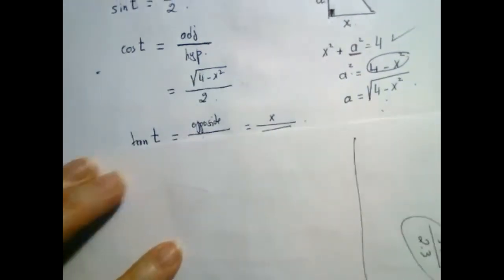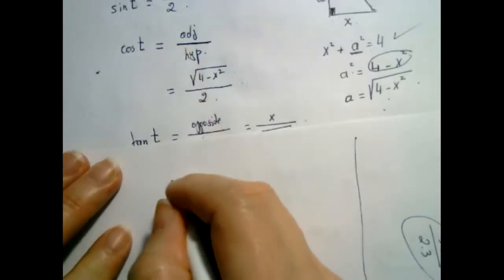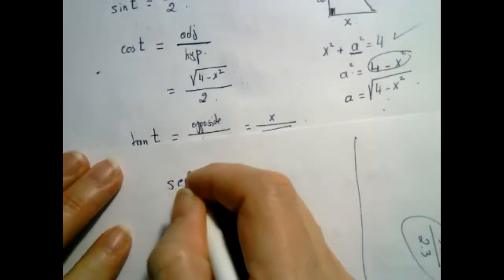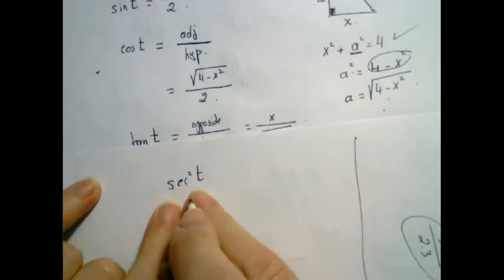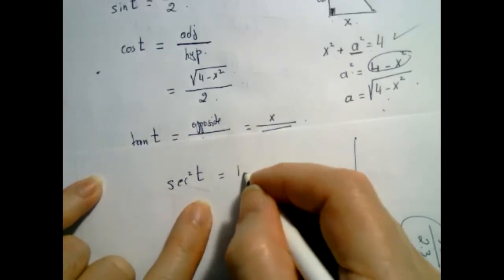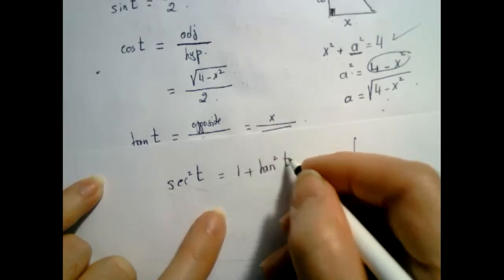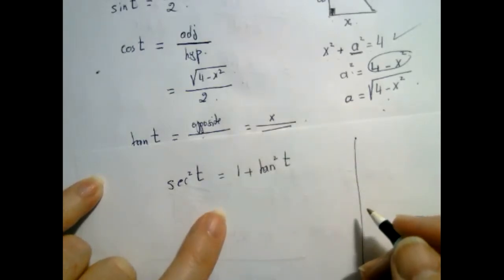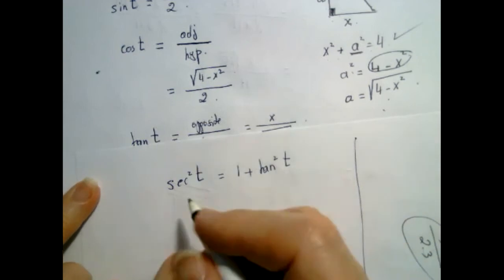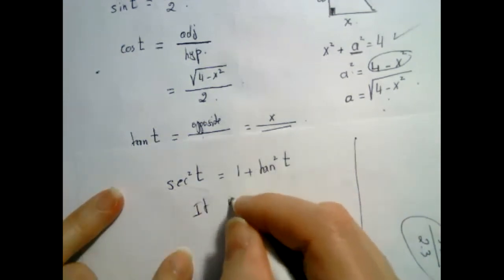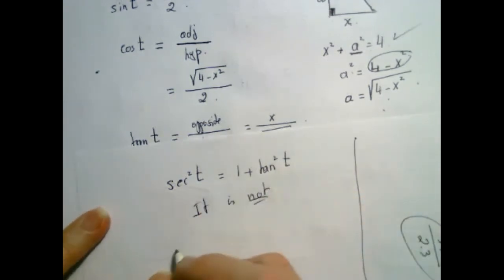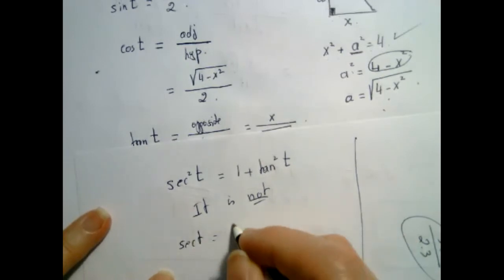Let me remind you what the secant is. It's not secant theta. Watch carefully. It's a very good question. Secant square theta is 1 plus tangent square theta. It's not that secant theta is 1 plus tangent.